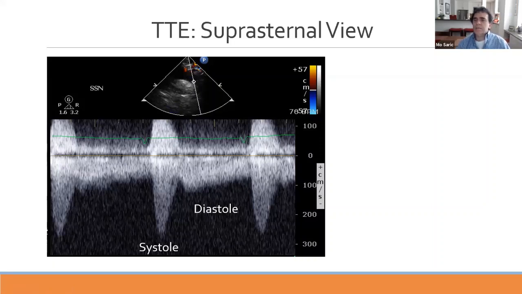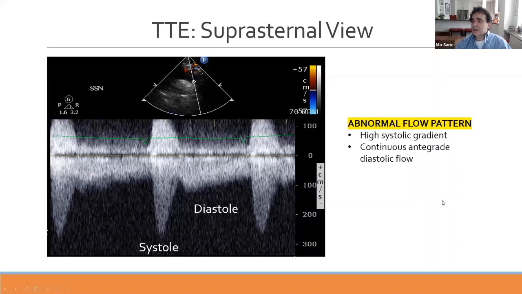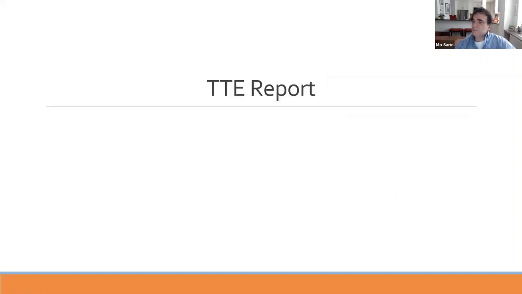There is systolic high-velocity flow and also a continuous antegrade diastolic runoff, which is pretty unusual for a 56-year-old previously healthy woman. This pattern of high systolic gradient and continuous antegrade diastolic flow is suggestive of coarctation, but this would be a novel diagnosis in this patient at 56 years of age.